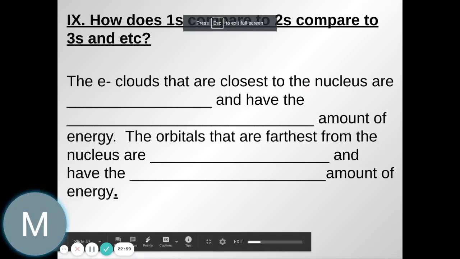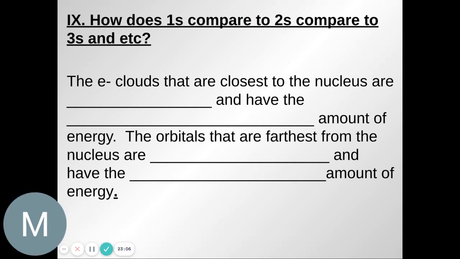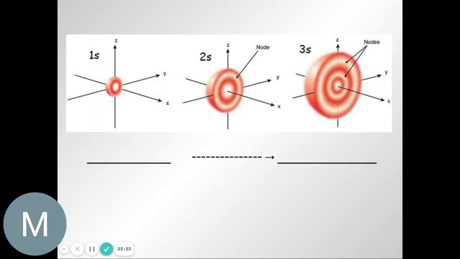All right. Okay, so that video kind of showed that, but how does 1s compare to 2s, compare to 3s, and so on and so forth? So the electron clouds that are closest to the nucleus are the smallest and have the least amount of energy. The orbitals that are farthest from the nucleus are largest and have the most amount of energy. And we saw that with that video.